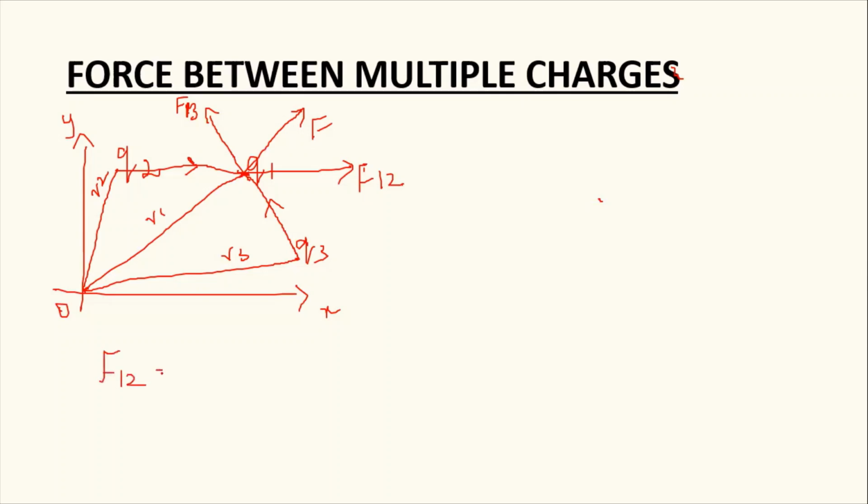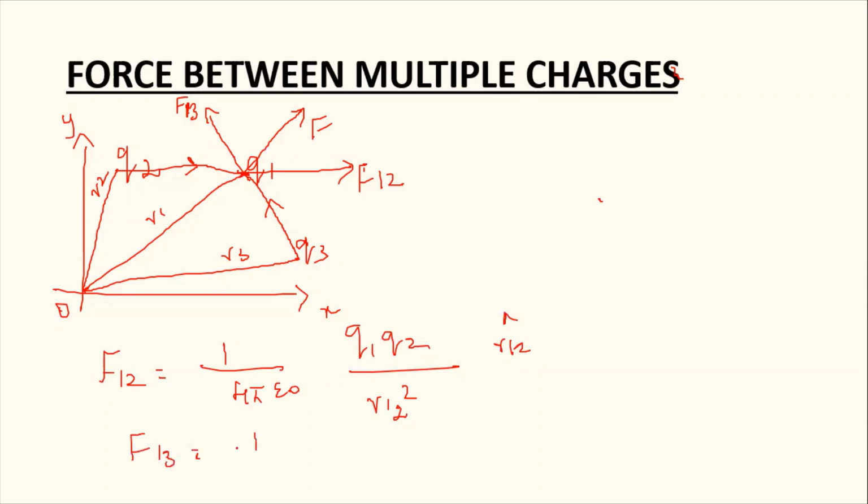Now F12 is equal to 1 by 4 pi epsilon naught Q1 Q2 upon R12 square, R12 cap unit vector. F13 will be 1 by 4 pi epsilon naught Q1 Q3 divided by R13 square, R13 cap.